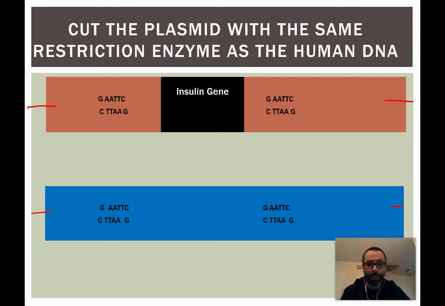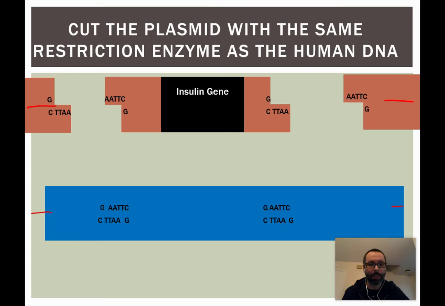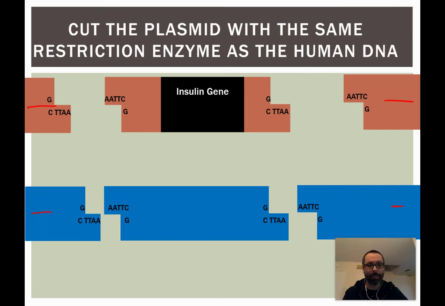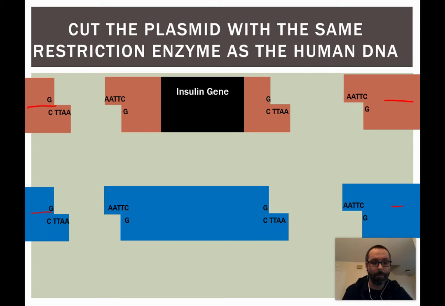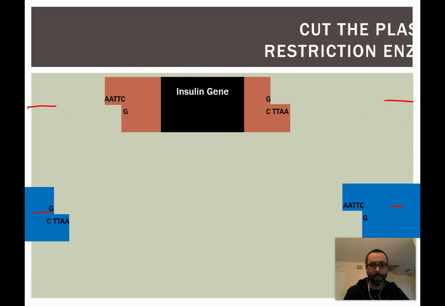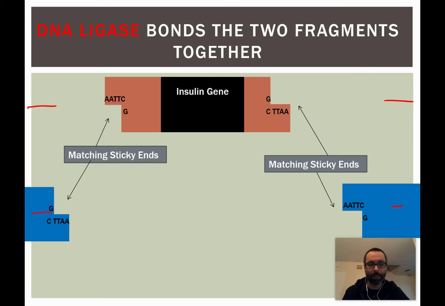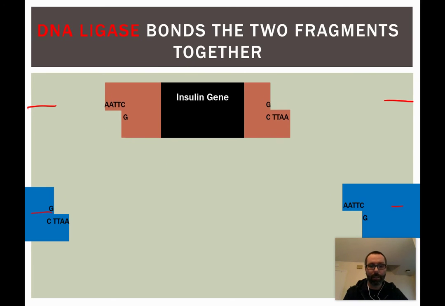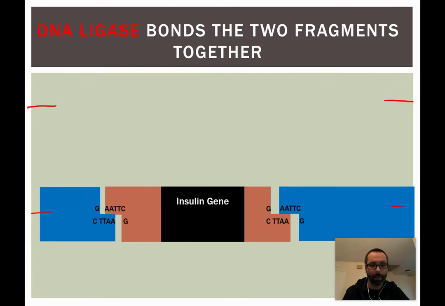We want to cut each with the same restriction enzyme, right? The same sequence, hopefully, is found in both of them. And then we want to hopefully get the insulin gene to connect to those two fragments, right? Right there, matching sticky ends. They would hopefully join and make a solid piece.